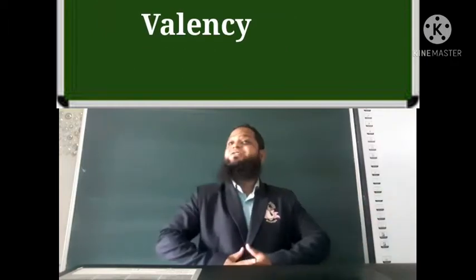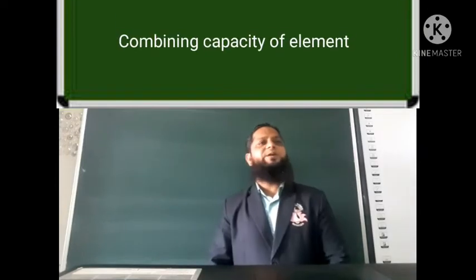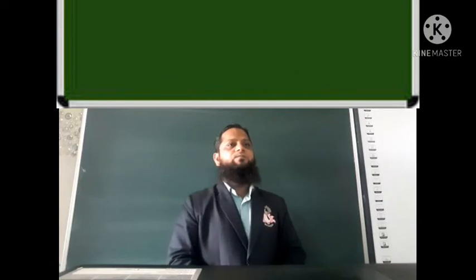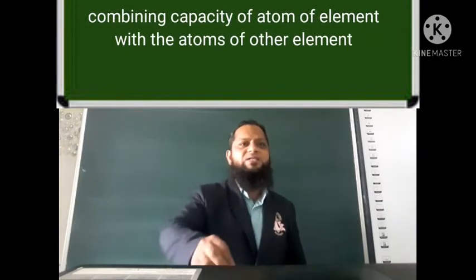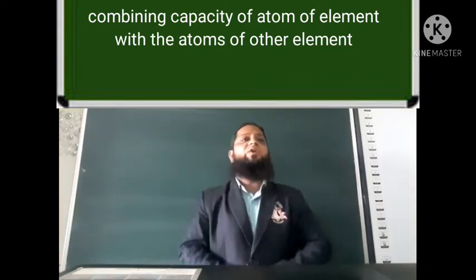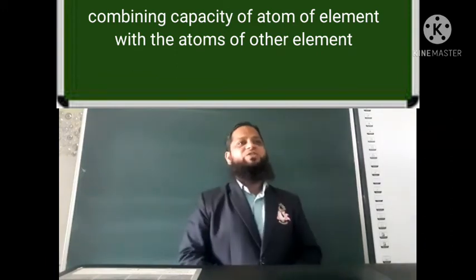So define valency. Dear children, valency is nothing but the combining capacity of the element. Valency is also defined as the combining capacity of the atom of an element with the atoms of the other elements in order to acquire 8 electrons.